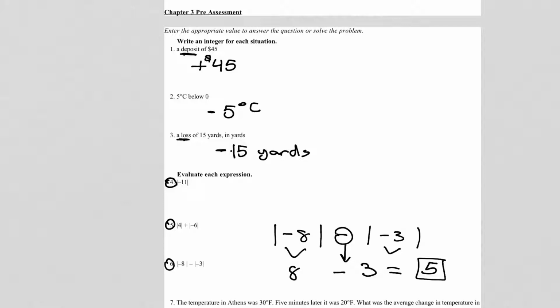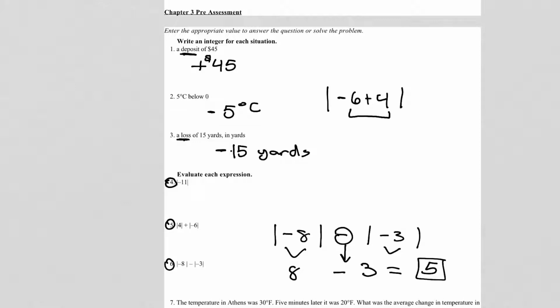All right, I'm going to draw a quick problem here. The absolute value of negative 6 plus 4. If you have something like this where you have more than one number in the absolute value, first you have to figure out what negative 6 plus 4 is.